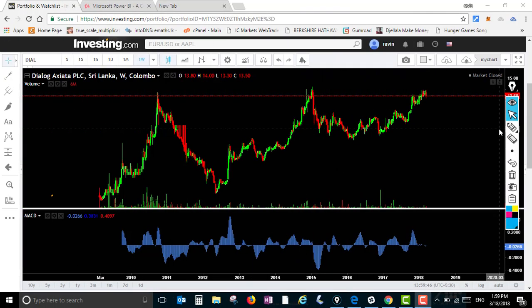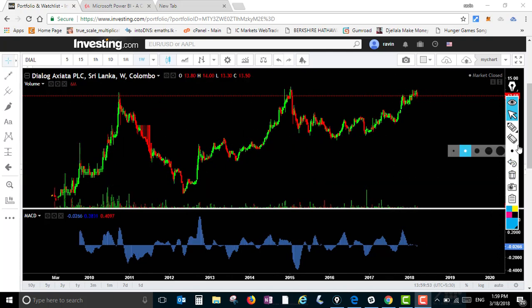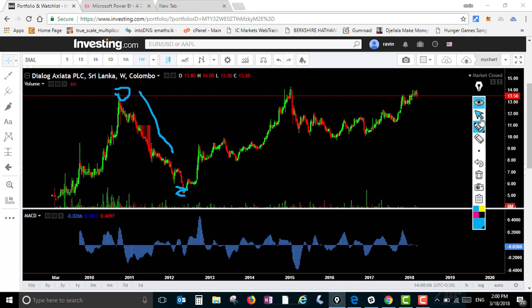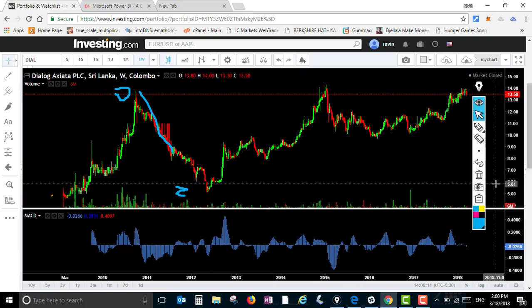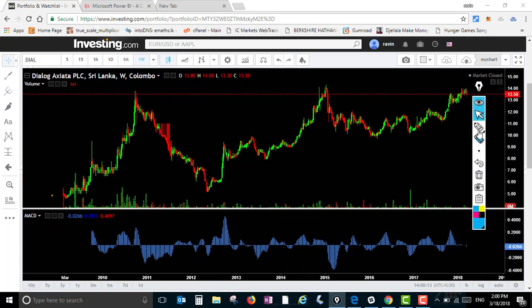If you take Dialog Axiata PLC, for example, you can see from late 2010 to the end of 2012, it was in a downtrend. At that time, price was in a downtrend, and MACD was in an uptrend.